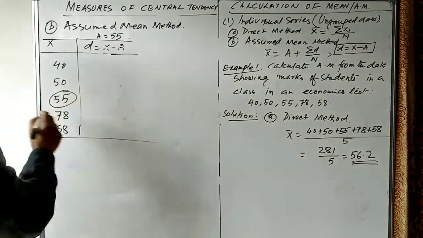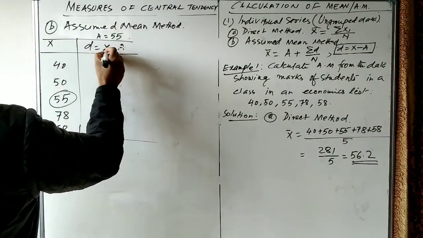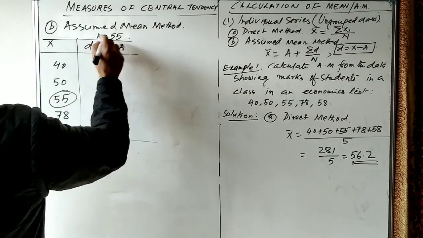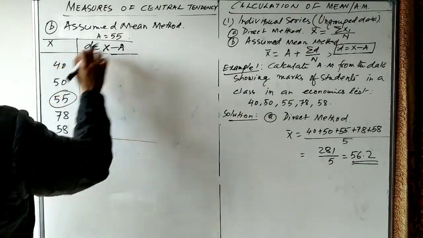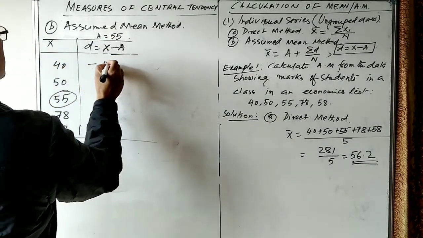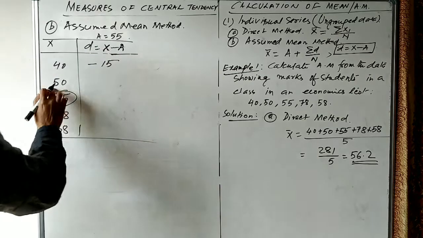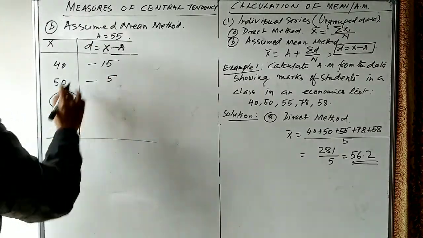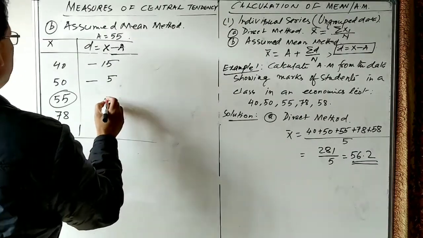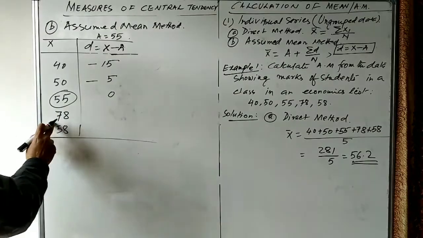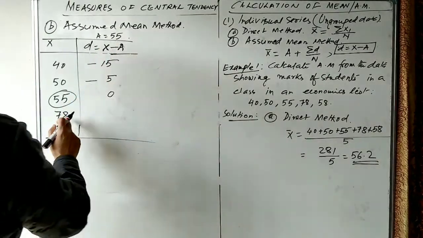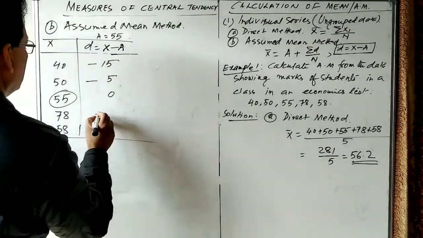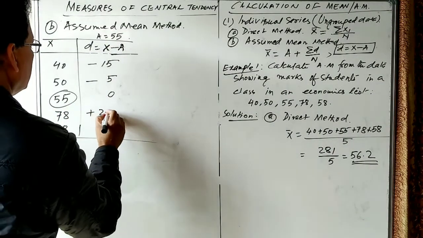Then 40 minus 55 will be minus 15. 50 minus 55 will be minus 5. 55 minus 55 will be 0. Then 78 minus 55 will be plus 23.